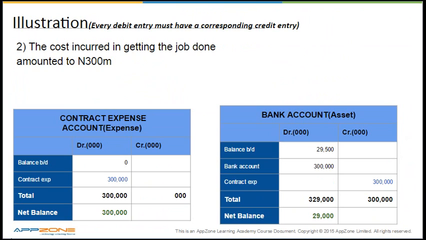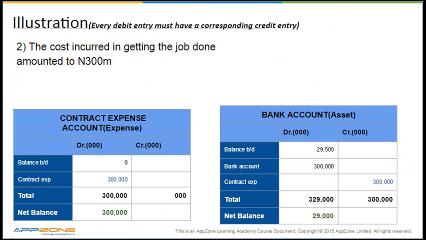We will be debiting our expense account to the tune of 300 million, and we will be crediting our bank account to the amount expended in executing this particular project, which is 300 million.